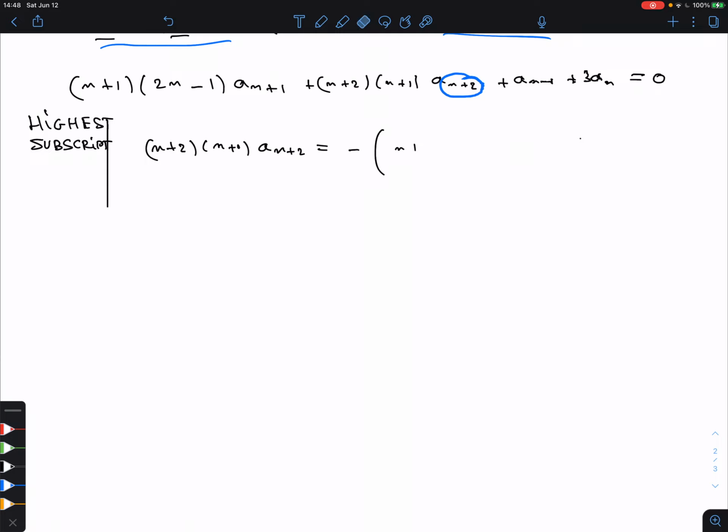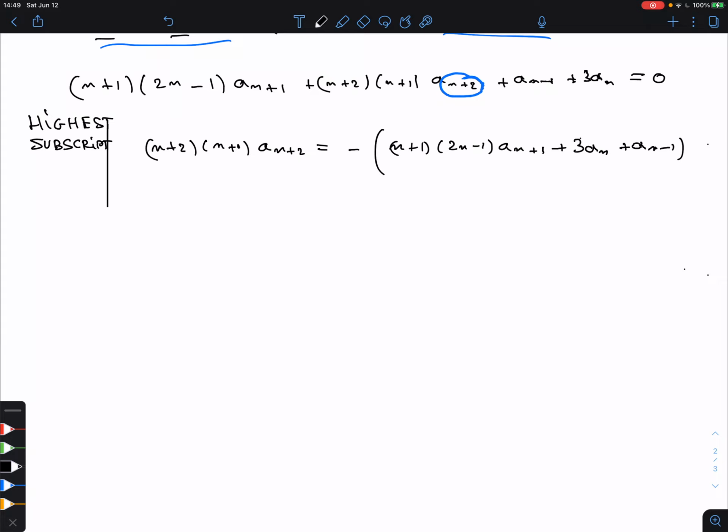We have n plus 1, 2n minus 1, an plus 1, plus an. Let's write it now in descending order. It's not necessary, but it gives us a little bit better view of what's going on. Plus an minus 1. Okay.